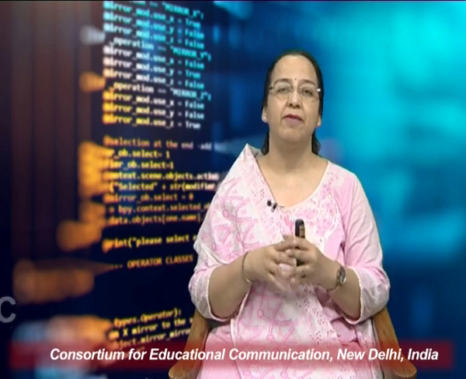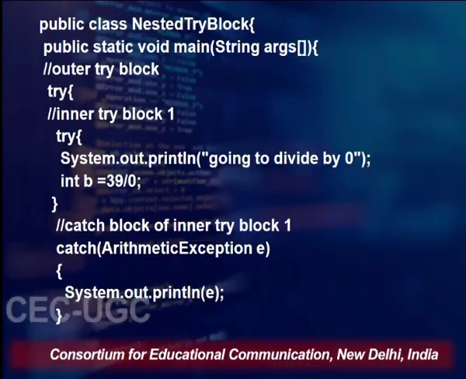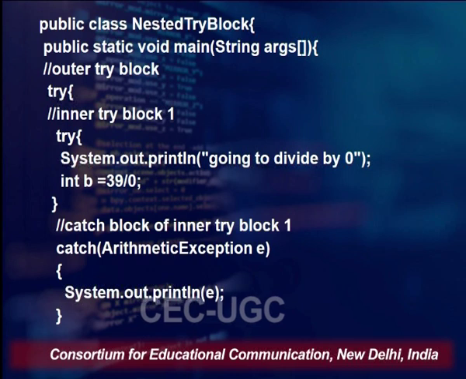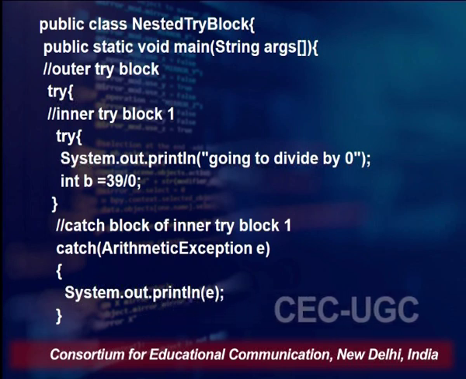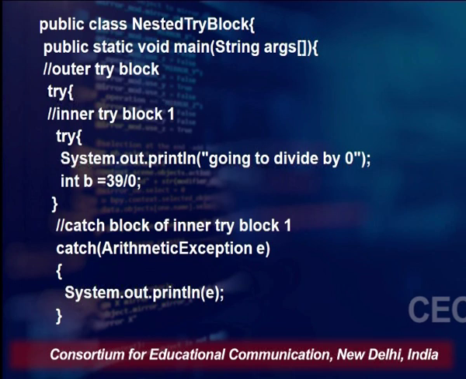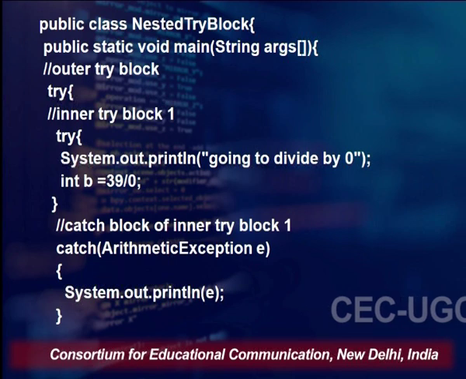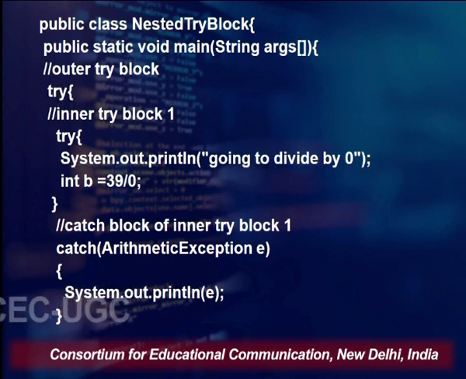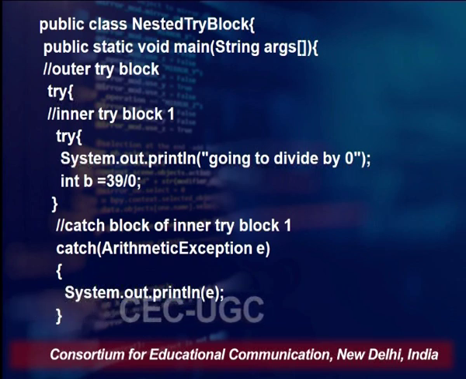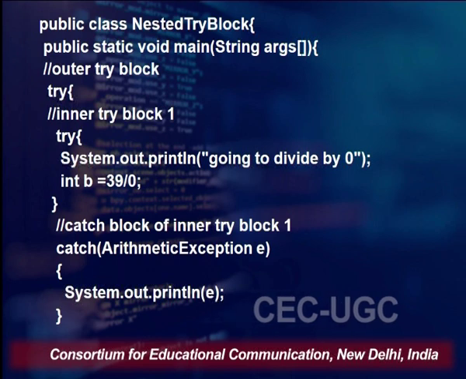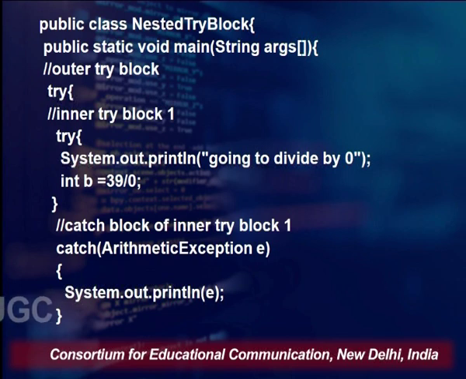Here we have a class named NestedTryBlock. Inside that we have the usual main method, which is public static void main with the string arguments. Then we have an outer try block, and within that try we have another try block in which we are going to generate an exception.